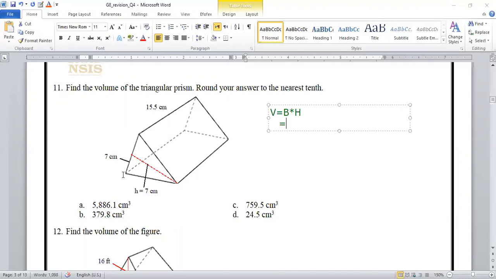From the figure, the base of the triangle is 7 and the height of the triangle is 7.